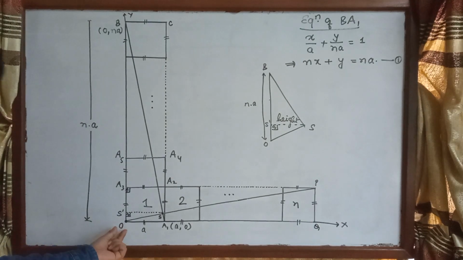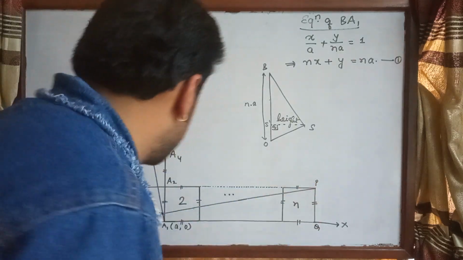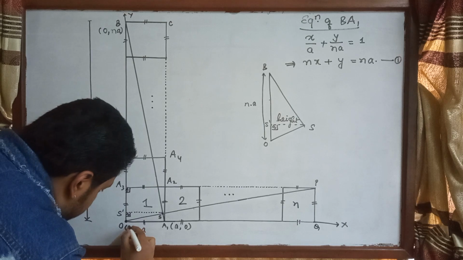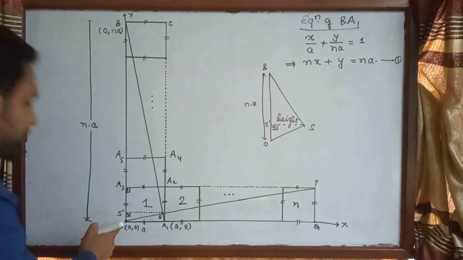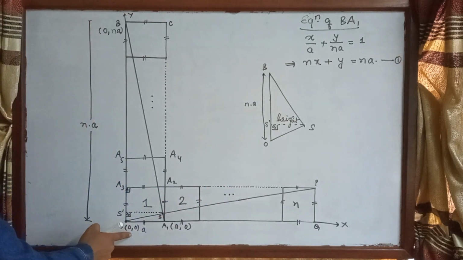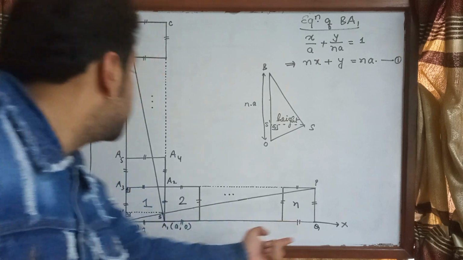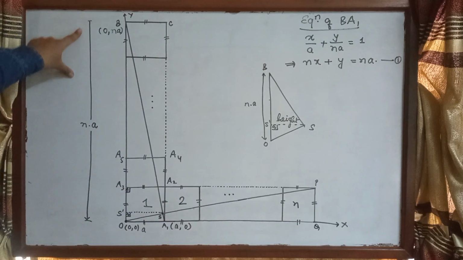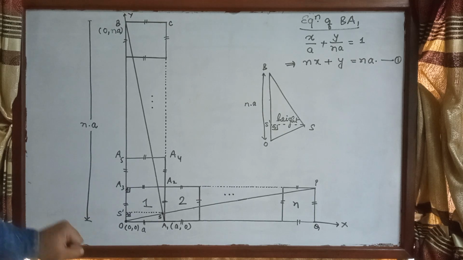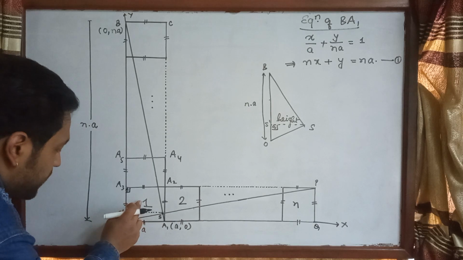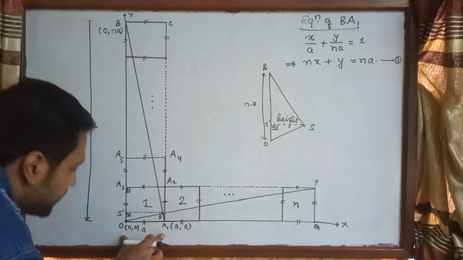Now to find the equation of this line OP, we already have the coordinates of one of the points on the line, O, which is the origin, so its coordinates are 0, 0. Just like we obtained this length to be na, we can obtain OQ to be na as well, because with one square the length is a.